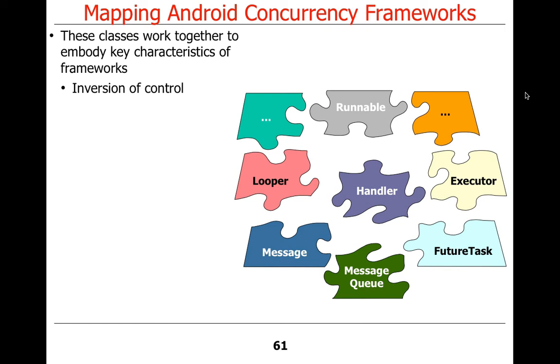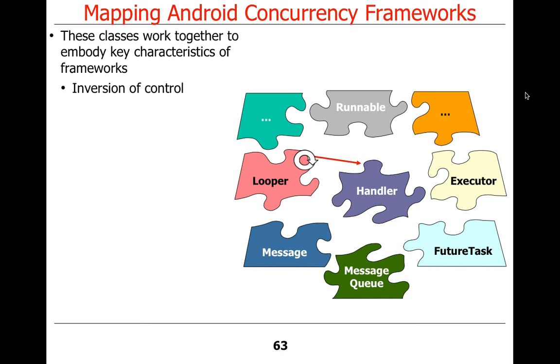So that's what a framework is. And there are three main things that frameworks do, which are also important to remember. Number one, so-called inversion of control. What happens here, as you see with the looper, and there are a couple other places where it's used as well, is the looper owns the thread of control. It's sitting there blocked, waiting for something to do, right?